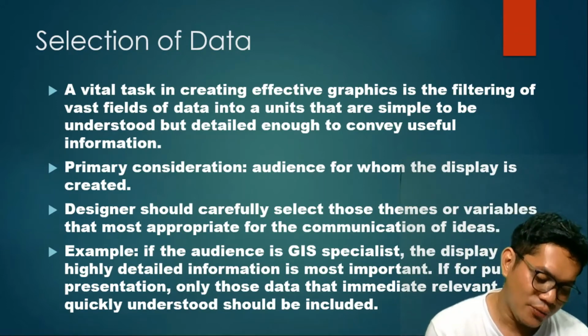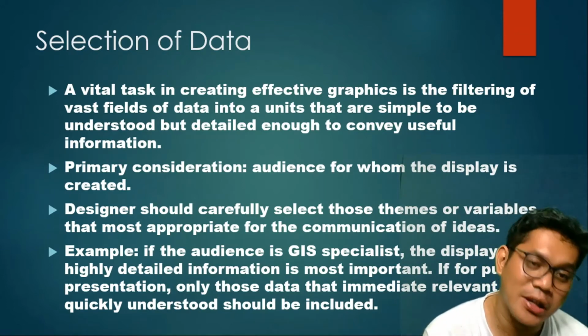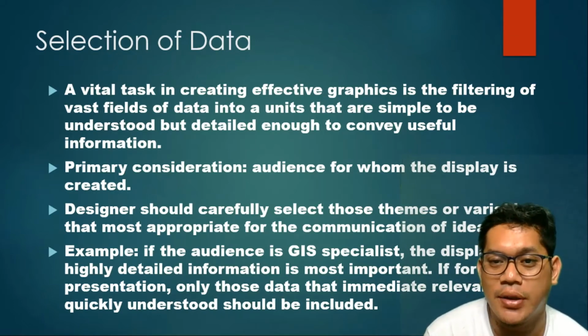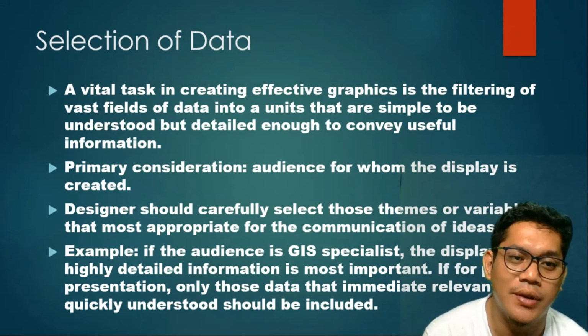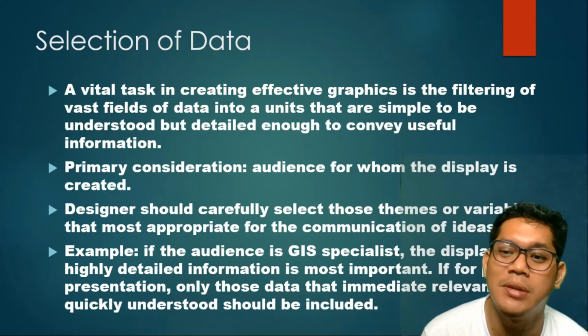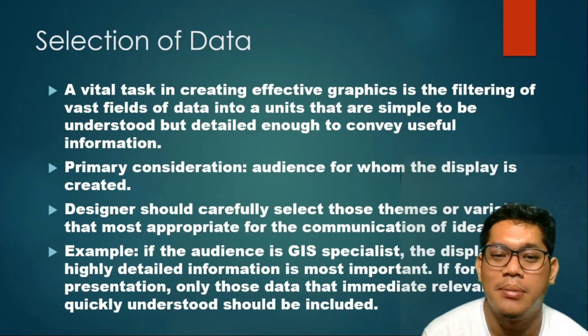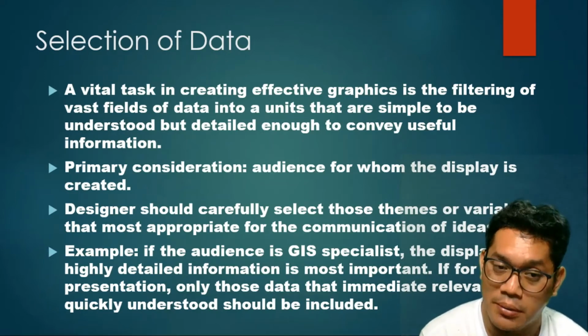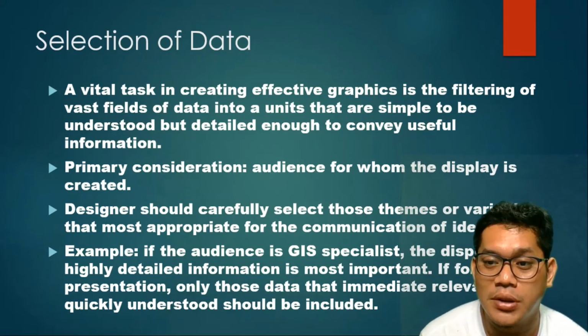And in order for you to come up with a map, the selection of data is very important, where a vital task in creating effective graphics is to filter the vast field of data into units that are simple to understand but detailed enough to convey useful information. So the primary consideration is the audience for whom the display is created.